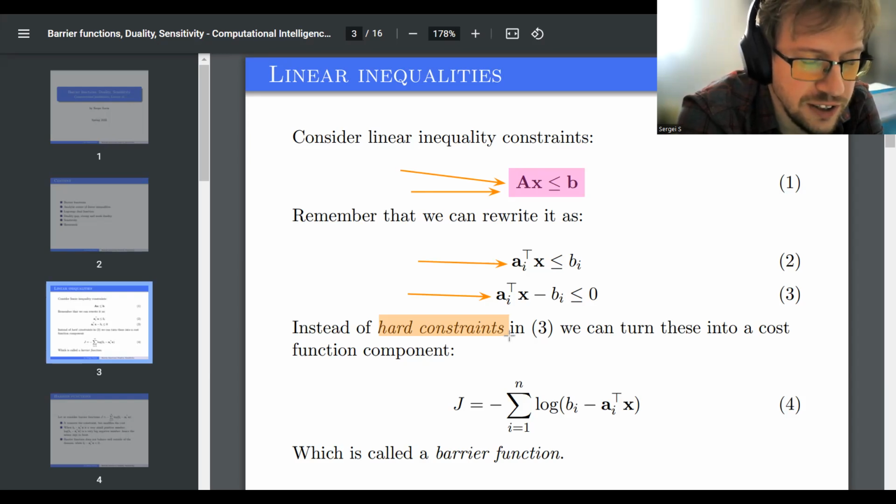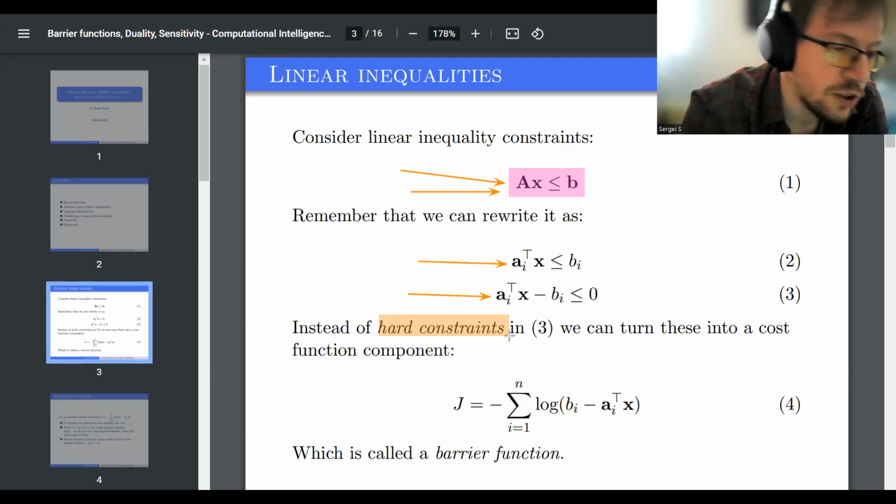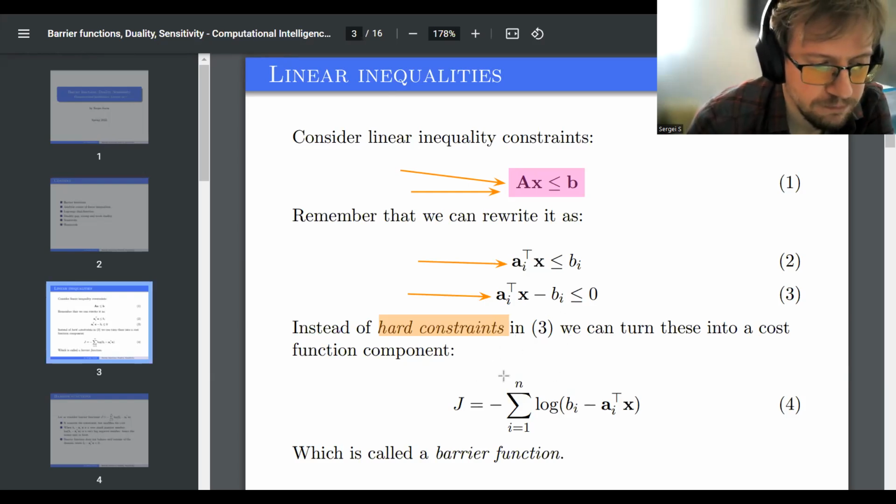As soon as you violate the constraint, your cost starts to grow so fast that no other consideration would matter. So your gradient descent would completely be guided by violation of this constraint because of how fast the cost grows in this vicinity. That is the idea.